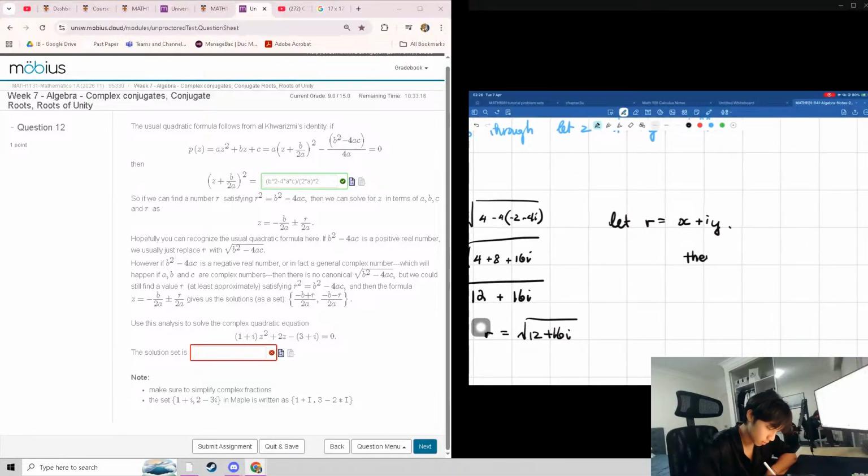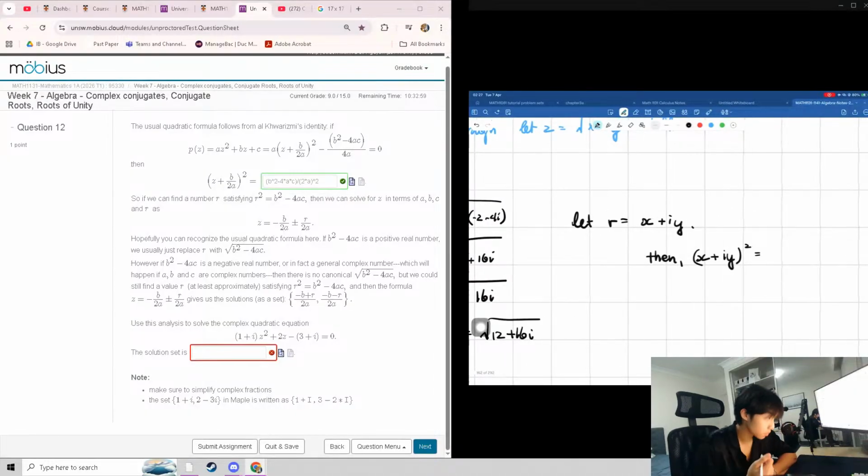Then x plus iy squared is the root. x squared plus 2xyi minus y squared. So x squared minus y squared is equal to 12, and xy is equal to 8.